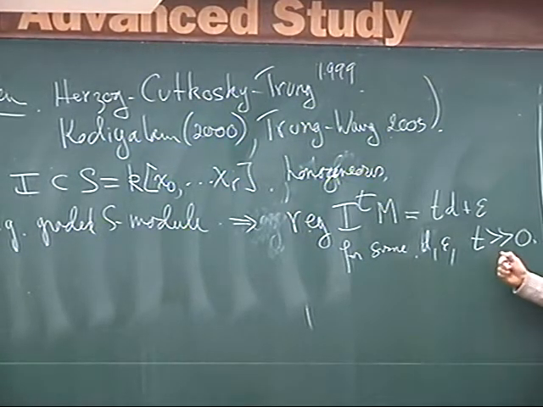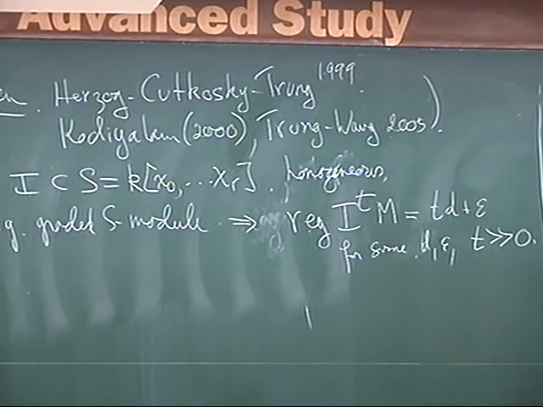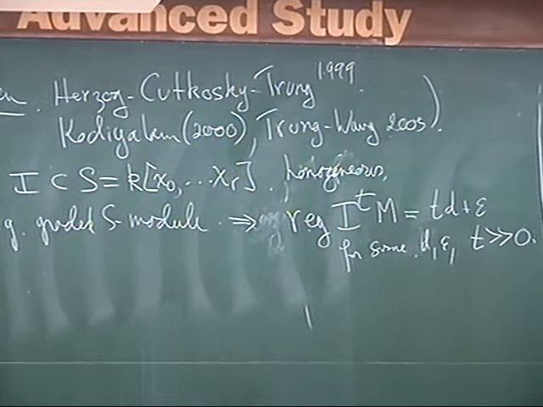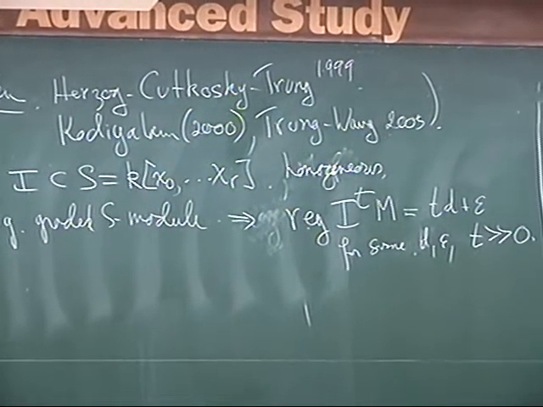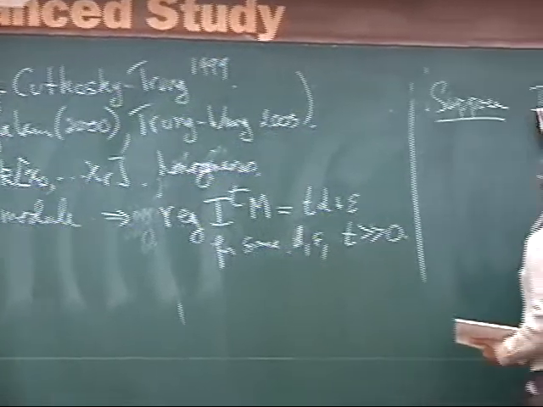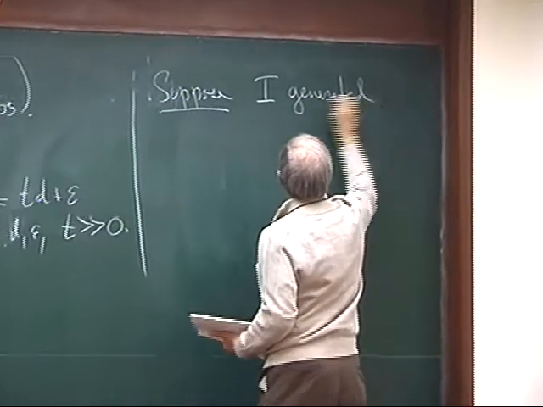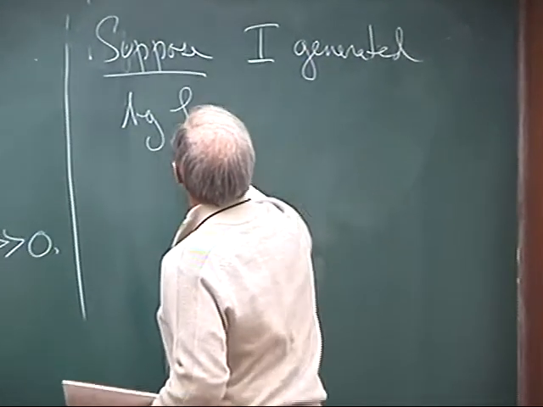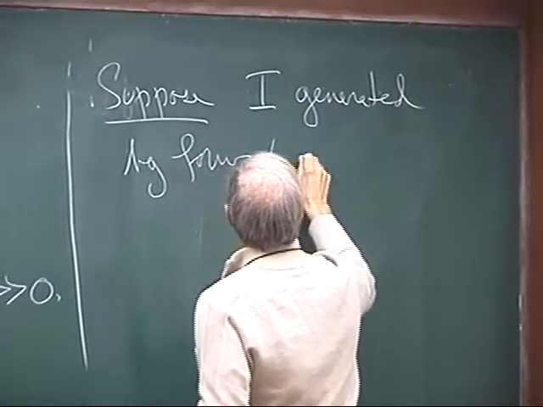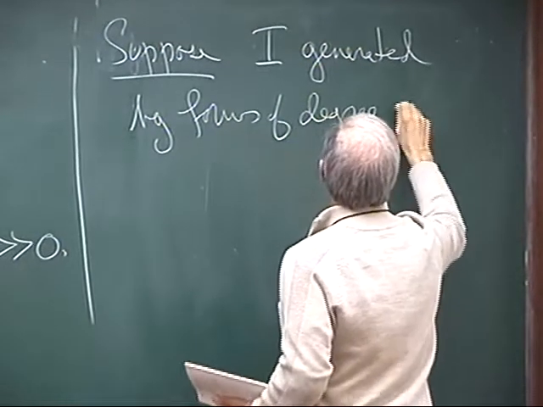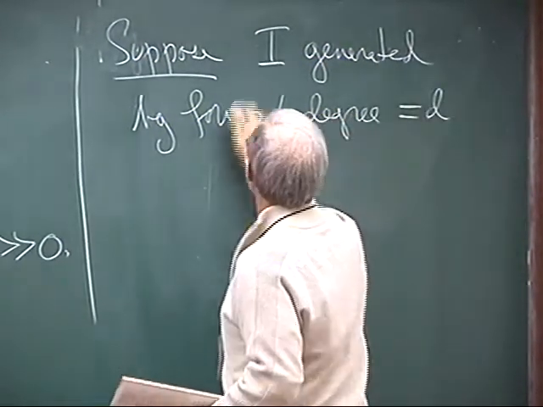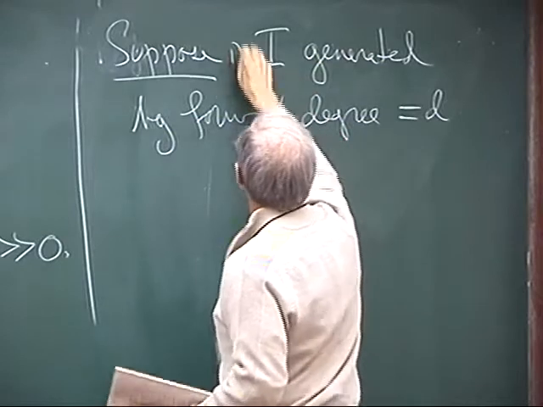And what else do I need? And that I is generated by forms of a single degree d. So that's the simplest case. Suppose I is generated by forms of degree equal to d. That's the first assumption.